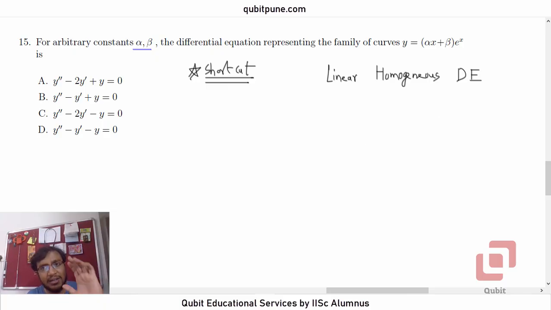Now you have already studied homogeneous differential equation as a type in your current differential equation course, or in your calculus course I would say, but as you go higher and higher, the term homogeneous differential equation is defined rigorously as follows. A differential equation having the dependent variable or its derivatives, the unknown function y and its derivatives, in each term.